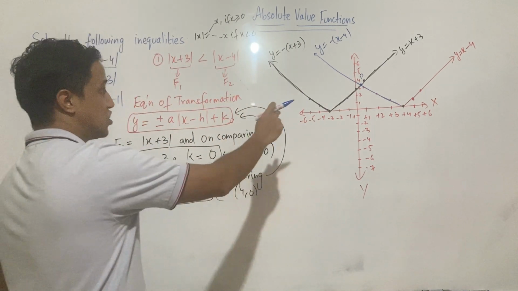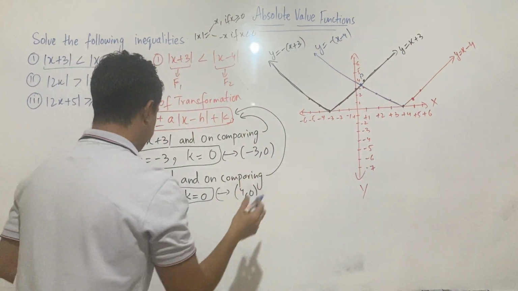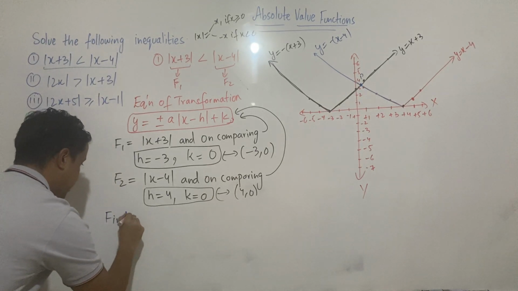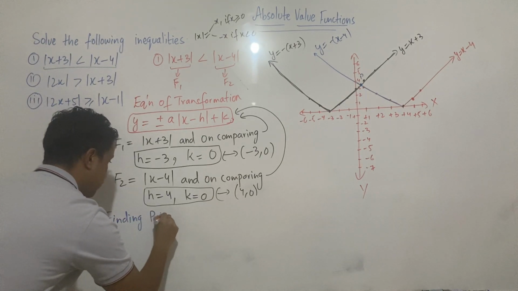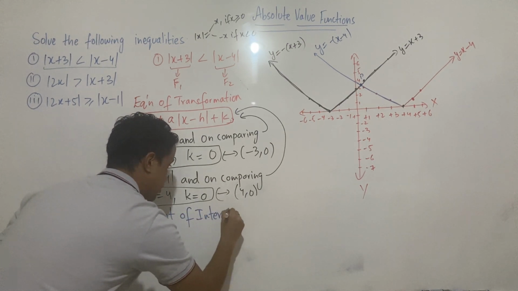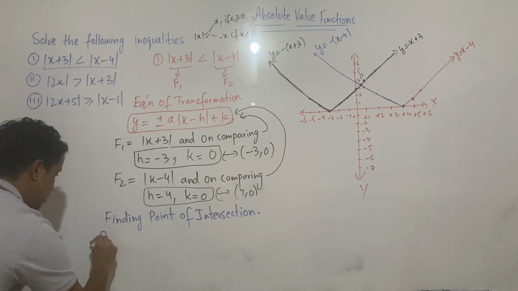So here I can say, finding the point of intersection. P is the point of intersection.